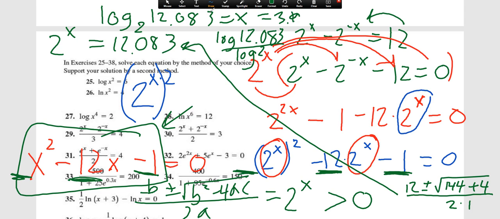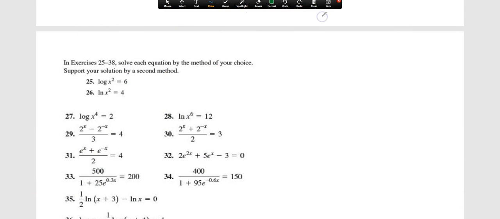Oh, 595. Sorry, 595. Wow. That is a horrible mess. Not my best work. I mean, it is and it isn't. If it was a little bit more well organized, it would look better. Whew.